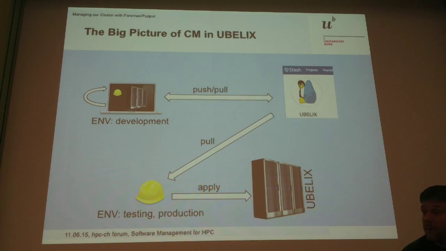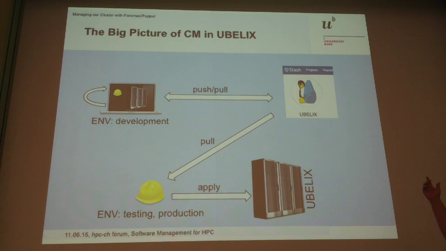The big picture, how we are using it. On the top left, you see this box where I have a virtualized Foreman and some hosts. I call it the Pocket UBELIX. Here is our development environment. So Nico and I are working on our laptops and producing Puppet code and generate configuration in the development environment.